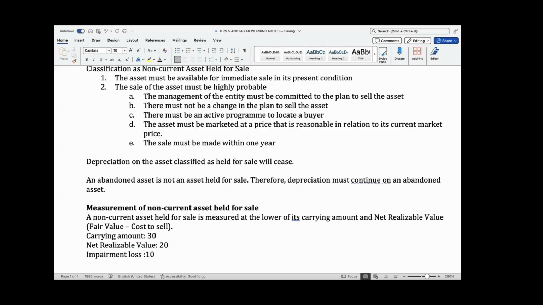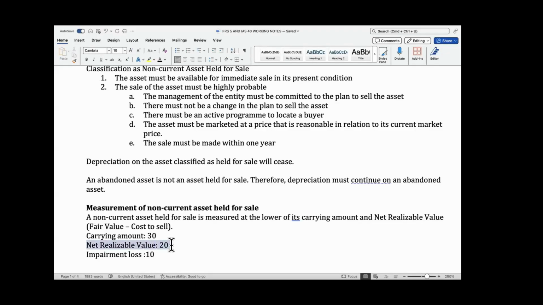You see, a very intelligent student here would argue, why are we calling it impairment loss, Mr. Wasif? This is against IAS 36. Because IAS 36 requires that impairment loss is the excess of an asset's carrying amount over its recoverable amount. And recoverable amount is the higher between net realizable value and value in use.